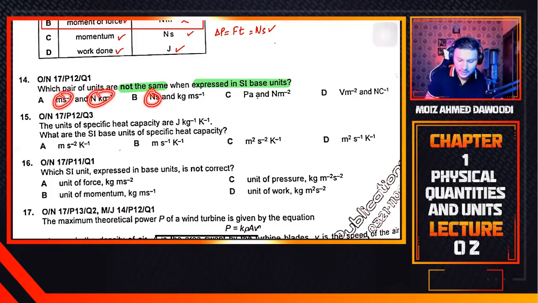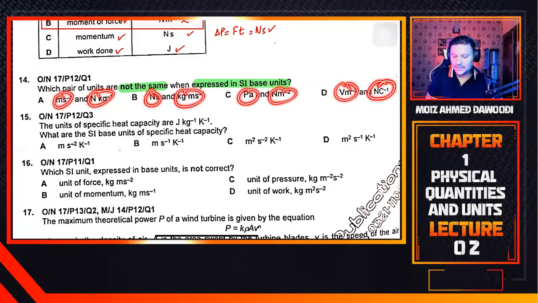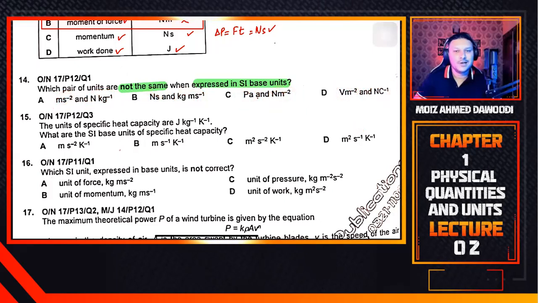1, 2, 3, 4, 5, 6, 7, 8. That is why I normally say the paper 1 among all the 5 papers of A levels has the highest difficulty level, because it consumes a lot of time.